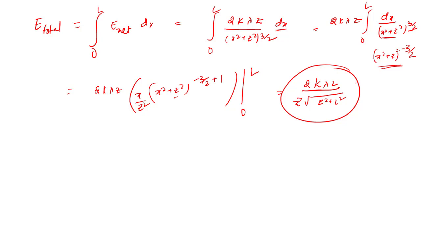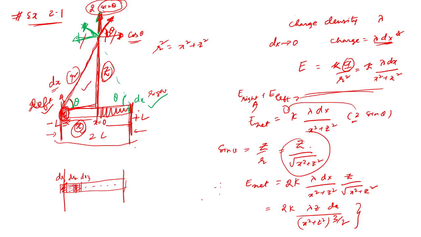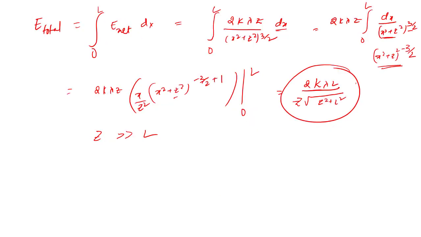If you take a point where z is much farther, you're taking this point to be very far away. Then if z is much greater than L, E total is simply equal to 2k lambda L divided by z squared, because z squared plus L squared is roughly z squared.